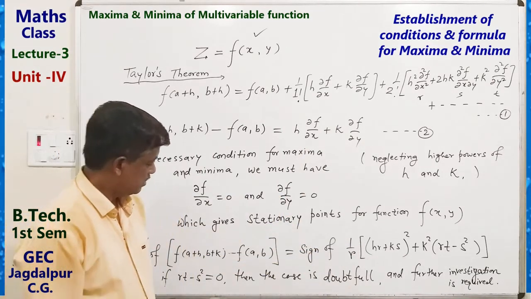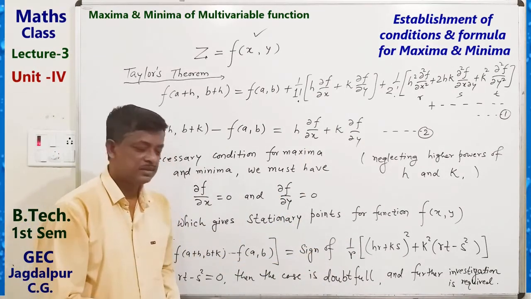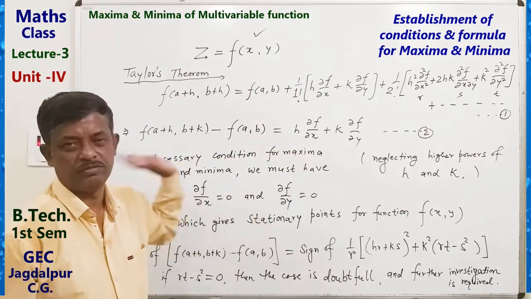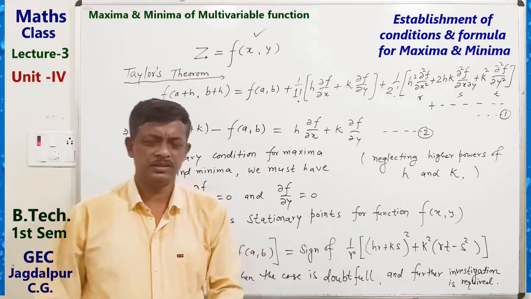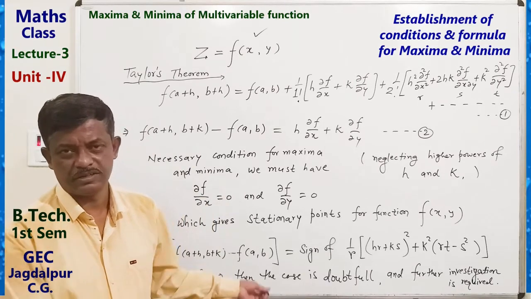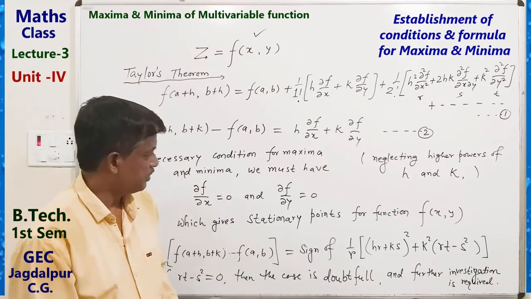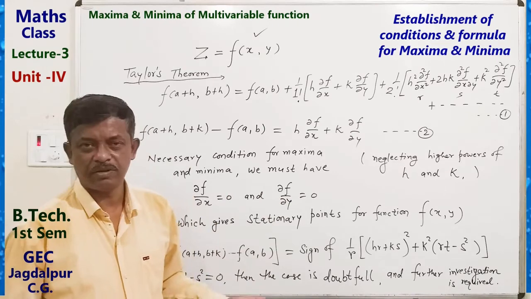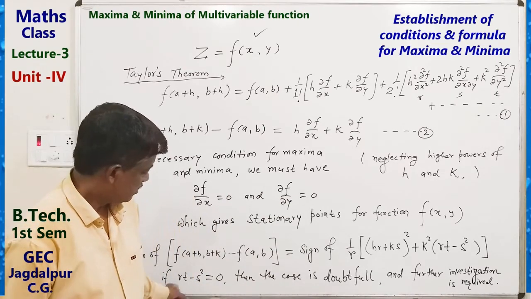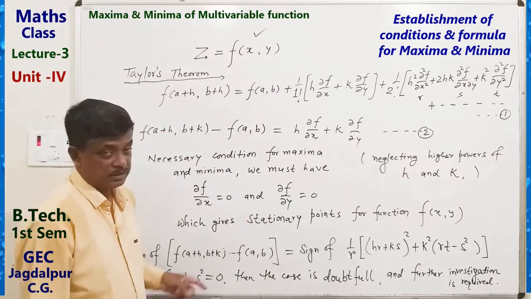That means if this is 0, then this case is doubtful, and another method can be used for getting a decision on whether at that point the function is maximum or minimum. So remember this condition.